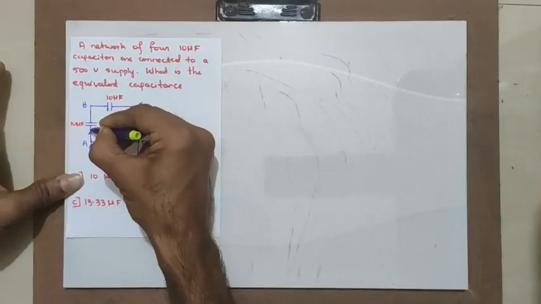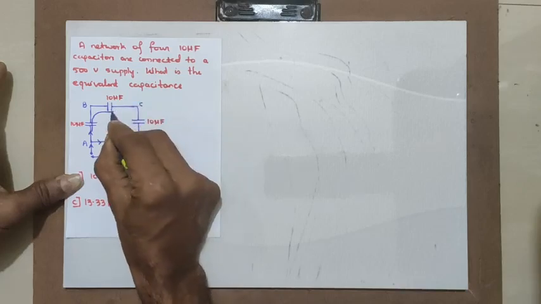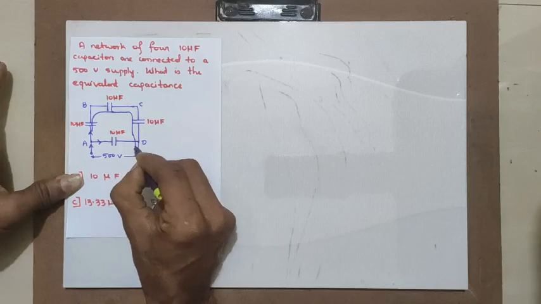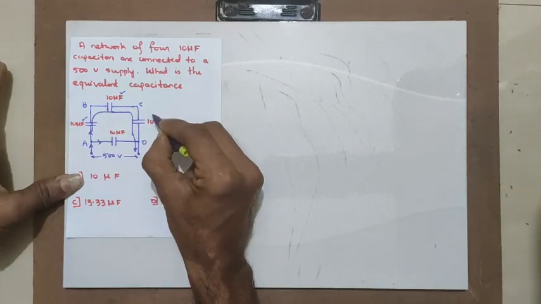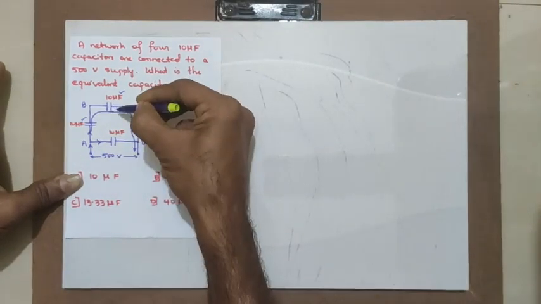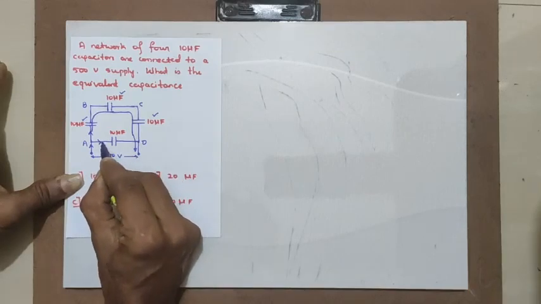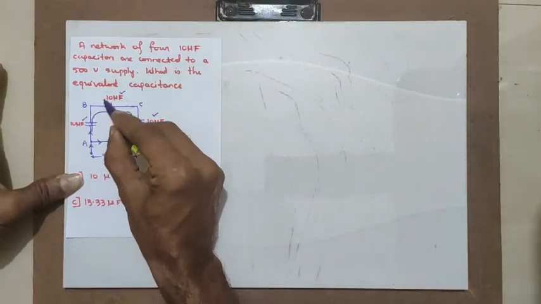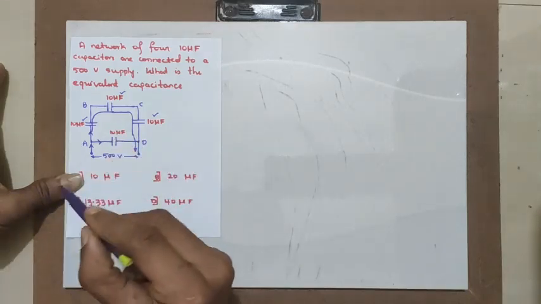You can imagine the same current flows here, moves here also, and then comes back to point D. That means these three 10 micro capacitors are in series, and that structure is in parallel with this 10 microfarad, because here is the division.